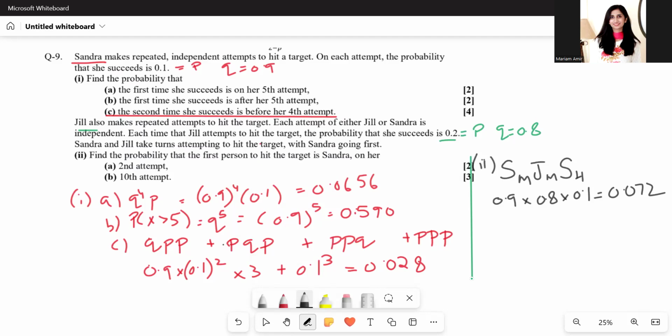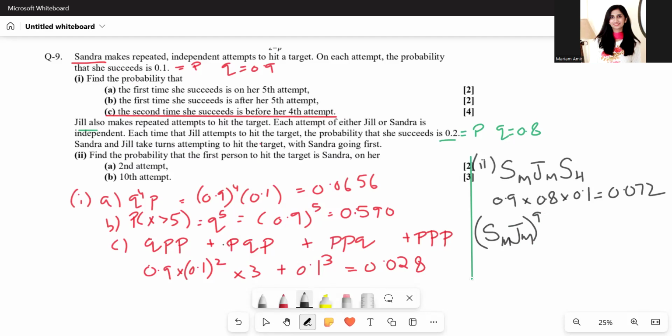Okay. Next is that the first person to hit the target is Sandra on her 10th attempt. That means in the first attempt, Sandra misses and Jill misses as well. Both of them miss, and this keeps happening 9 times. So I'm going to give that a power of 9.